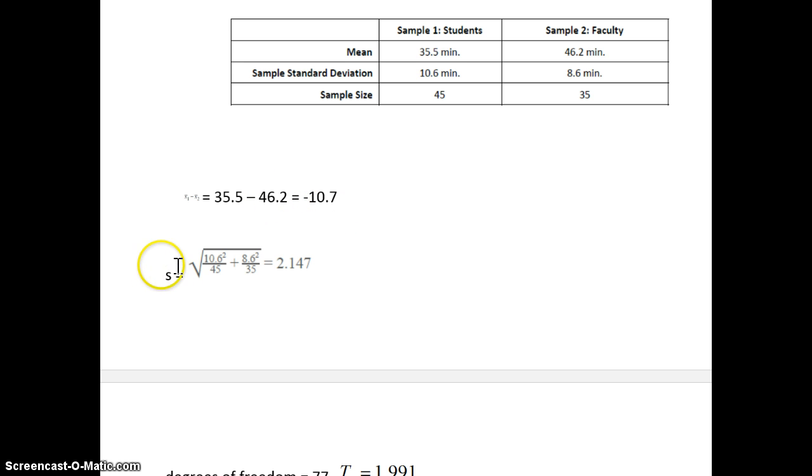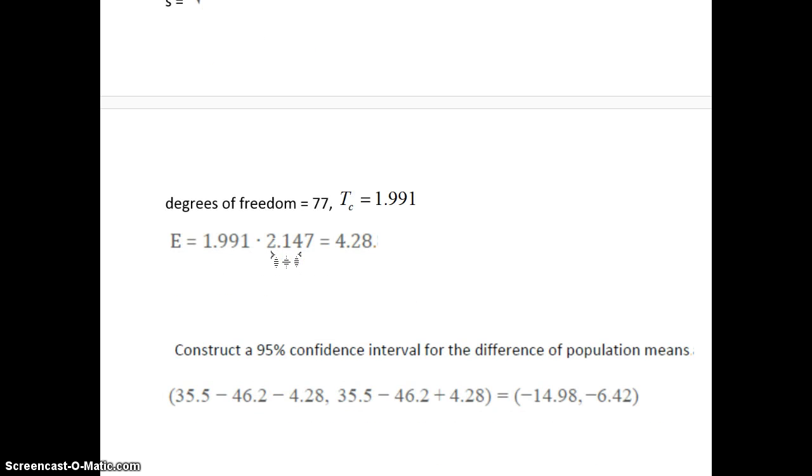We also need S. That's the square root of S1 squared over N1 plus S2 squared over N2, the square root of 2.147. Now here, they tell us the degrees of freedom, 77.